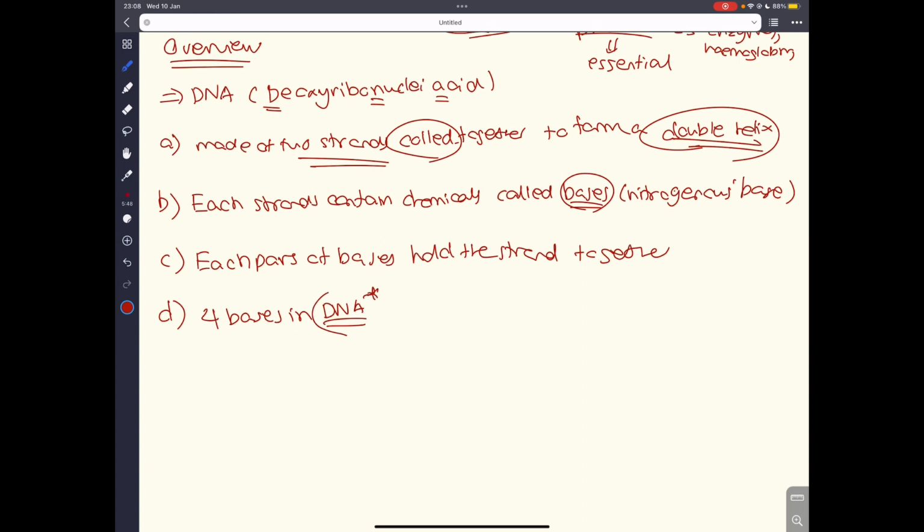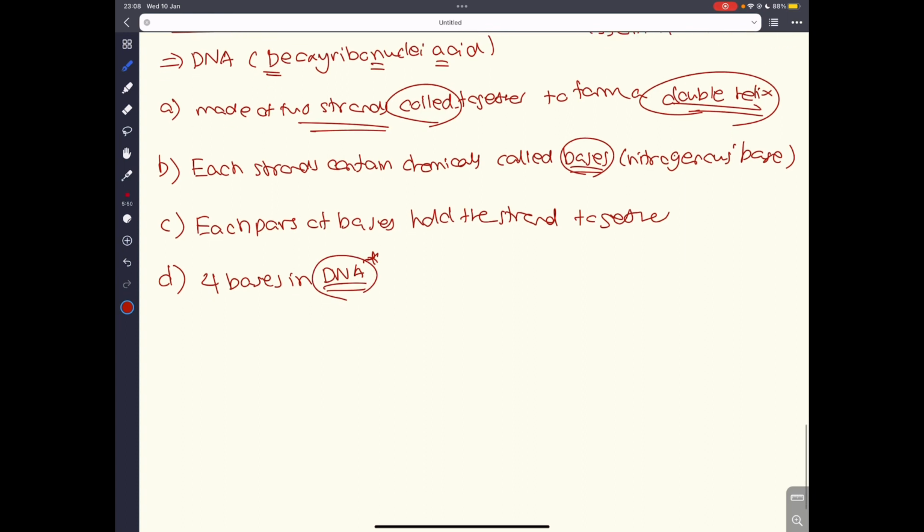Note that I say DNA, not RNA. So there are 4 bases: A, T, C, and G. A stands for adenine, T stands for thymine, C stands for cytosine, and G stands for guanine.